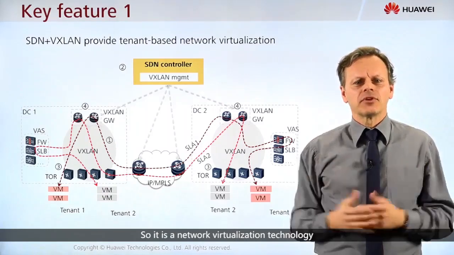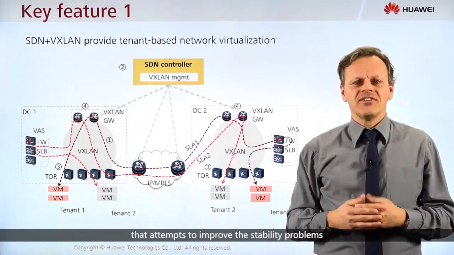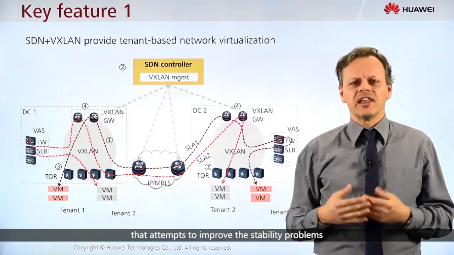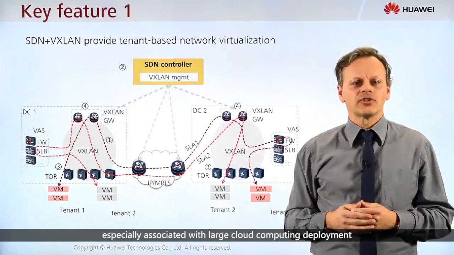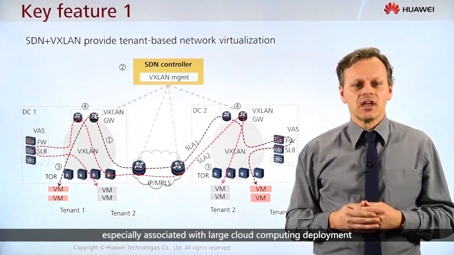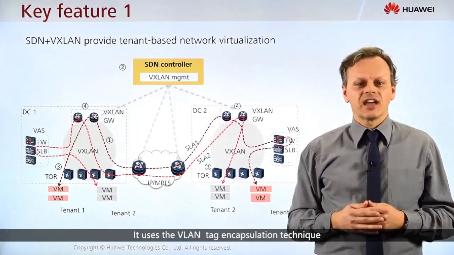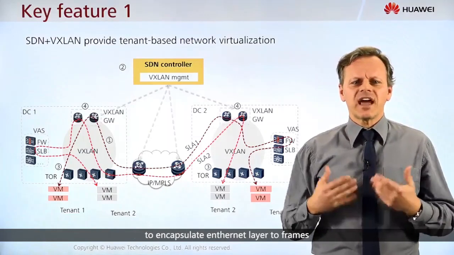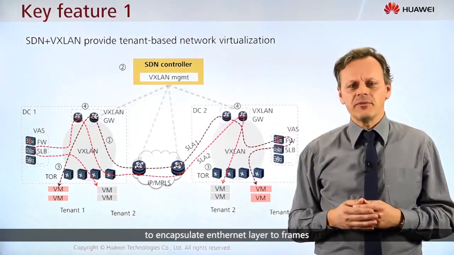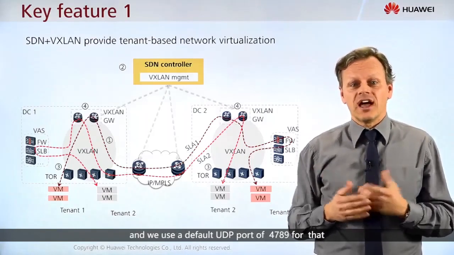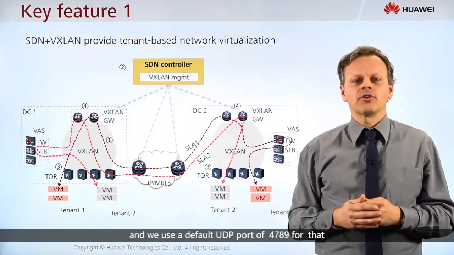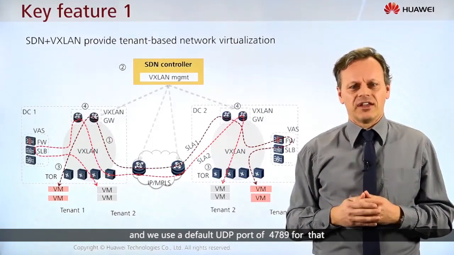So it is a network virtualization technology that attempts to improve the scalability problems, especially associated with large cloud computing deployments. It uses a VLAN-like encapsulation technique to encapsulate Ethernet layer 2 frames within UDP packets, which is layer 4. And we use a default UDP port of 4789 for that.